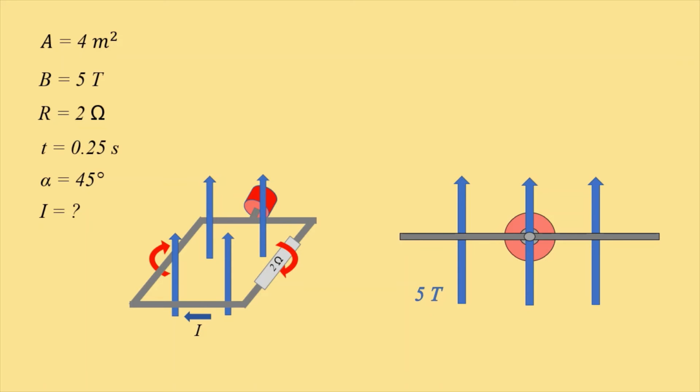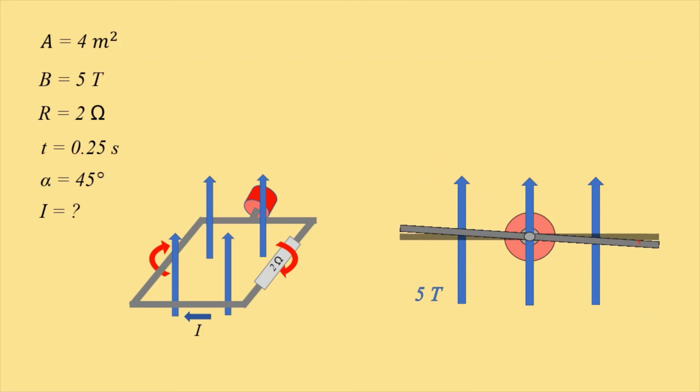We have an area of 4 meters squared, a magnetic field of 5 teslas, some resistance, and time, and that's actually important: in 0.25 seconds, the wire will rotate 45 degrees, as you can see.